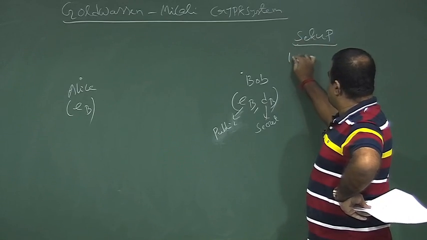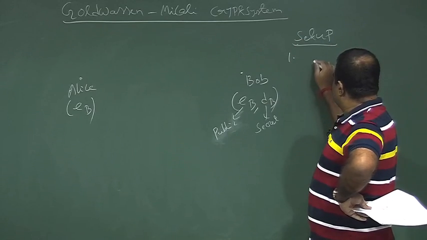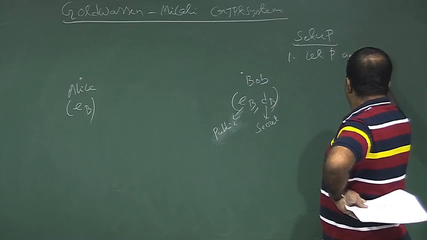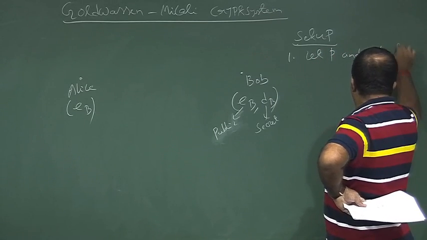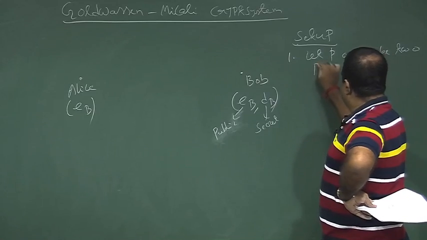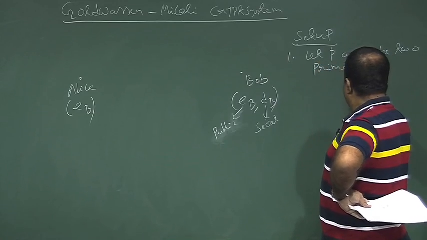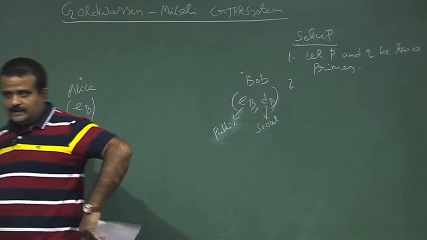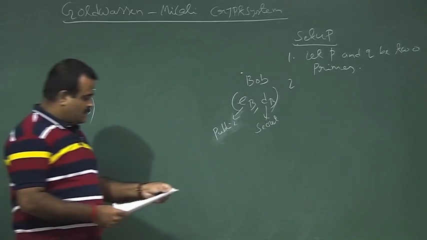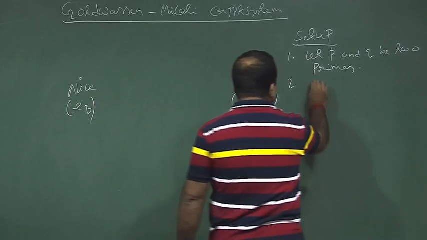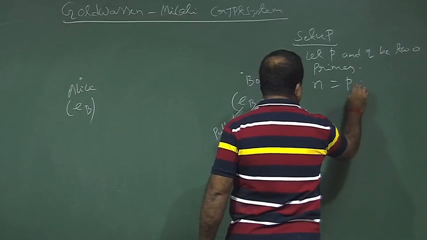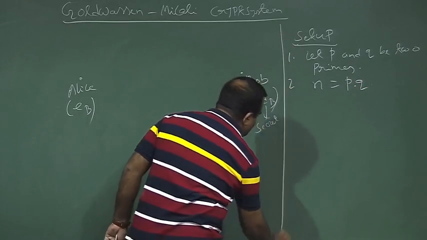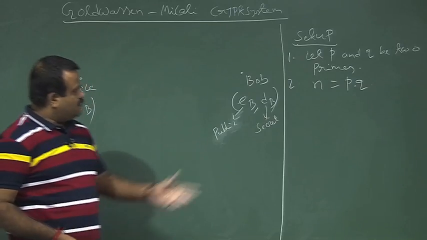In the setup phase, Bob is choosing two prime numbers, let p and q be two prime numbers. And then Bob is computing n, which is basically p times q. This is the setup phase done by the receiver Bob.